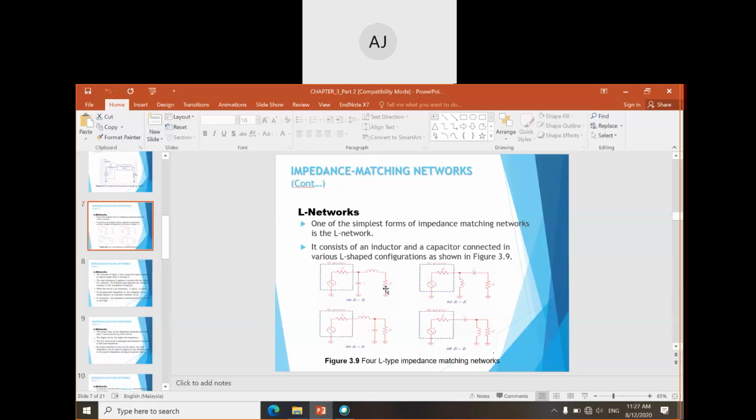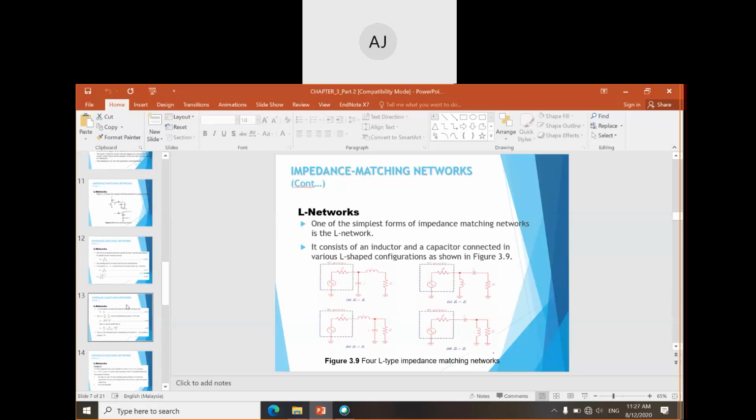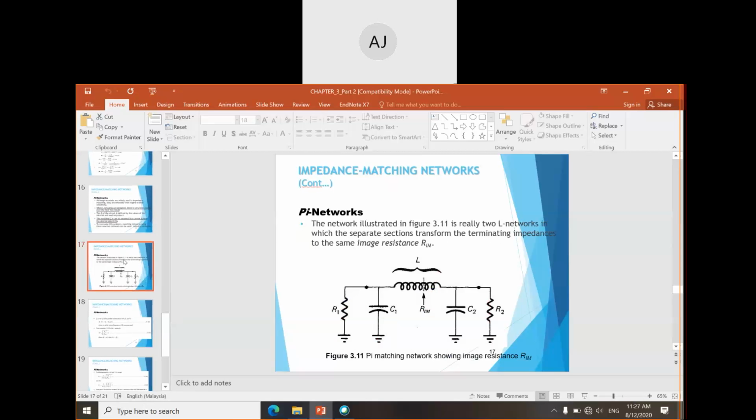When the Z load is higher, Q is higher. When the Z load is lower, Q is also lower. But in the PI network, we can control Q. We can make the Q higher or lower based on the load, based on the inductor.